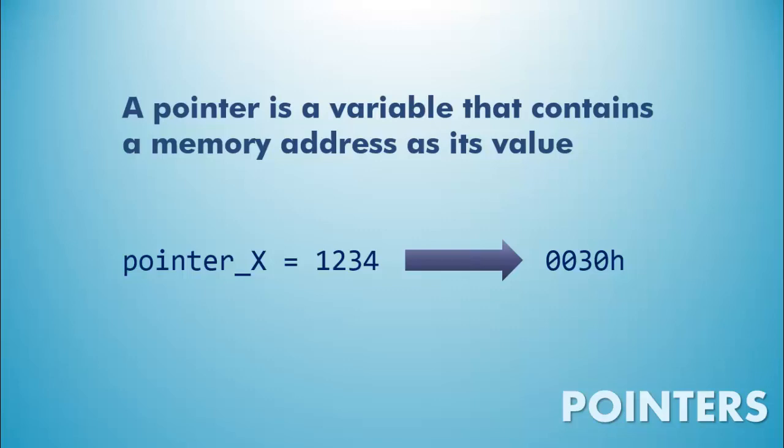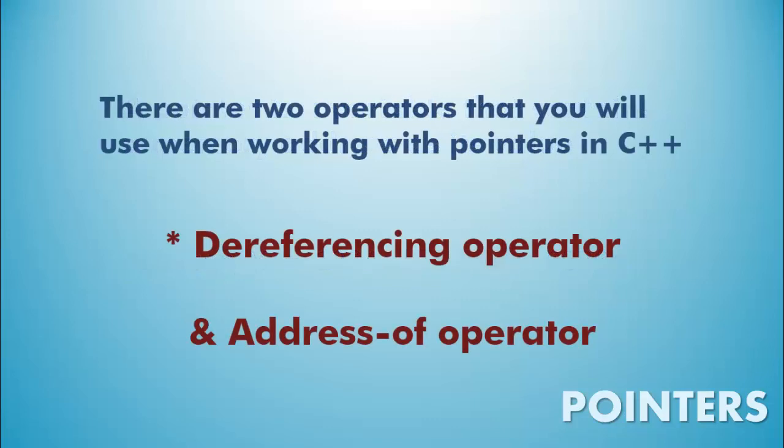If we look at the example in front of you, we have pointer_x, and we assign the value 1234 to that. What value is stored is the hexadecimal address that you see off to the right that tells us where that memory location is as it was set in memory.